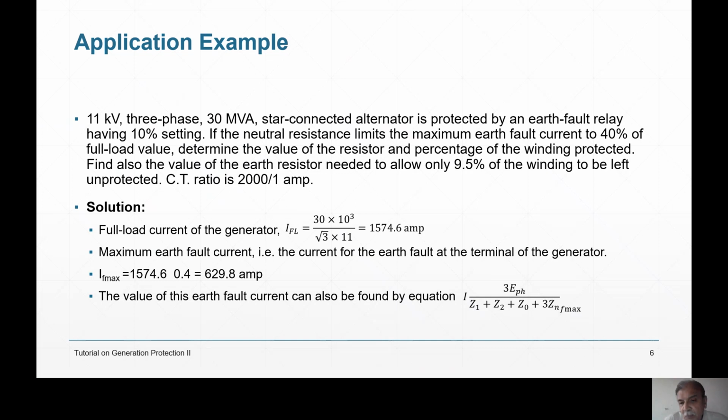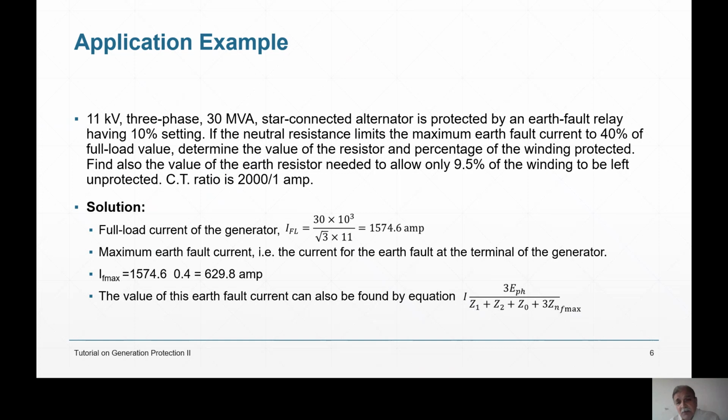So what is this earth fault current? That is 3 EPH upon Z1 plus Z2 plus Z0 plus 3 Zn, IF max. Zn is the deliberate impedance that we have connected. Now, that deliberate impedance is so high that you can forget Z1, because Z1 is hardly 0.2.